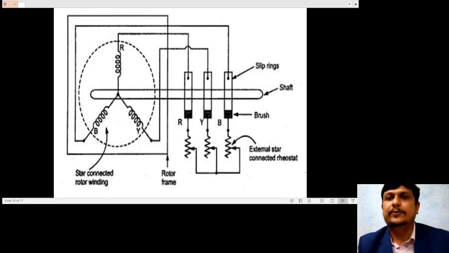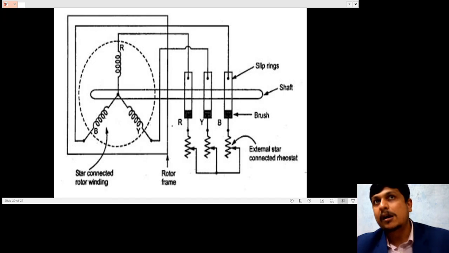In this type of rotor, the rotor winding is similar to the stator winding, and it has the same number of poles as the stator winding. Another important thing is that there is a possibility of external connections, external rheostat connections. This is not possible in your squirrel cage induction motor.